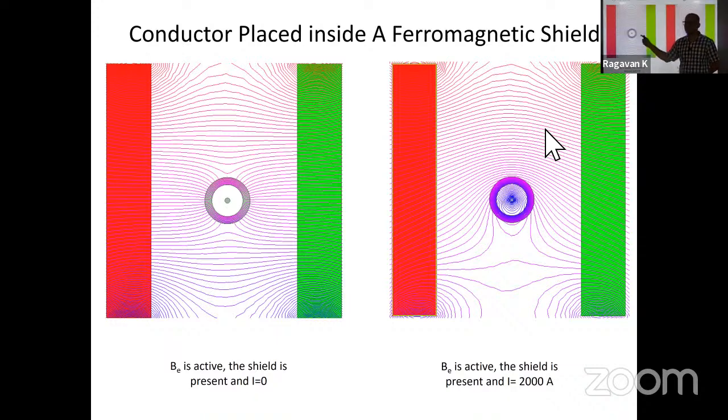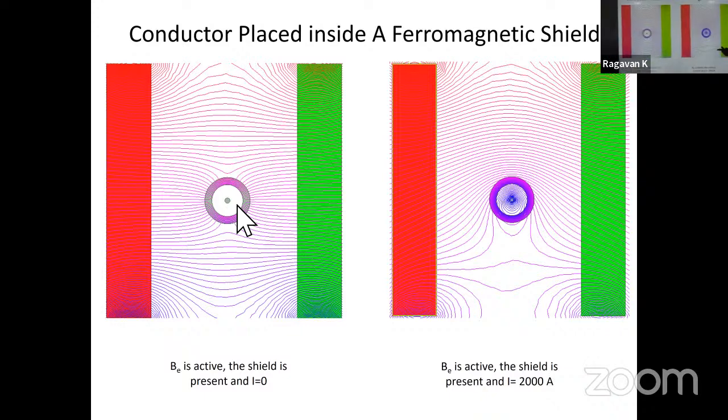It is still circulating, and here also you'll be able to solve that the conductor field is the same as earlier. This shield only changes the field of the conductor in this region, whereas inside the shell and outside the shell, it remains the same, whether the shell is there or not, because integral H dot dl didn't get changed. Whether you apply it here or here, your answer should be the same whether the shell is there or not.